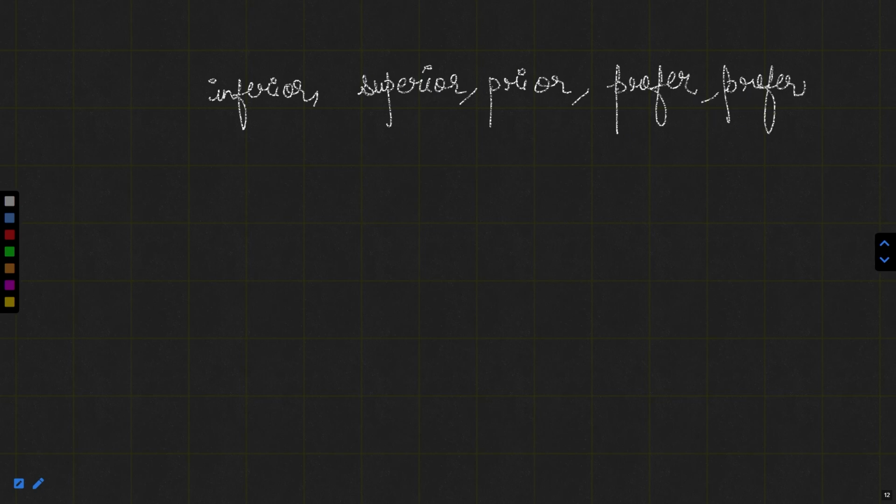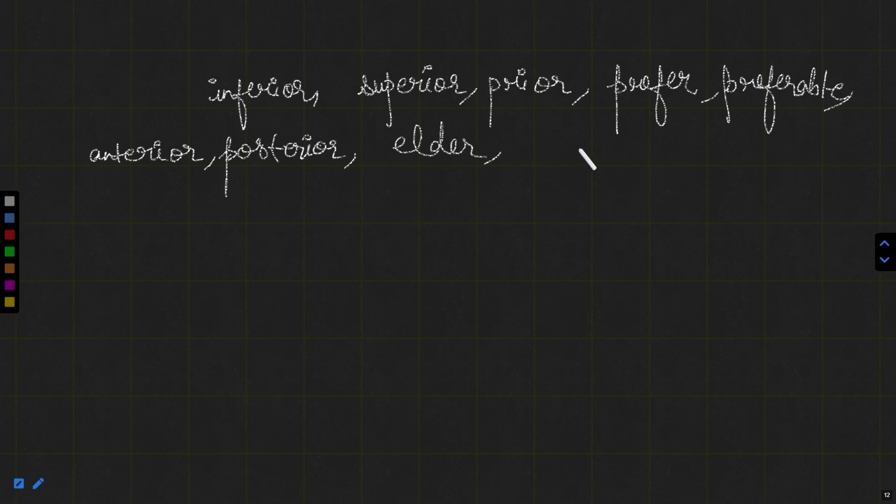There are some more words like interior, posterior, very common words like elder, junior, senior. I have already told you about these words in earlier sessions as well. These are called comparative words. Now these are not comparative degrees, but these are comparative words.